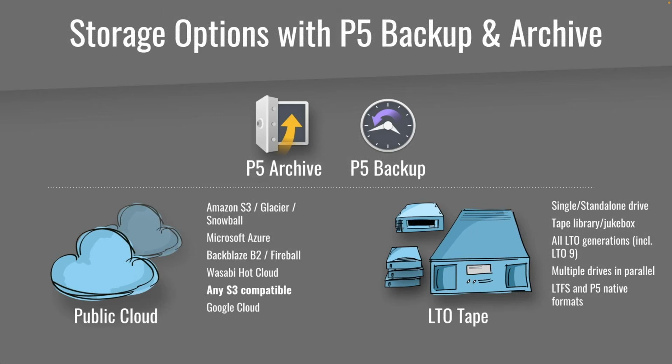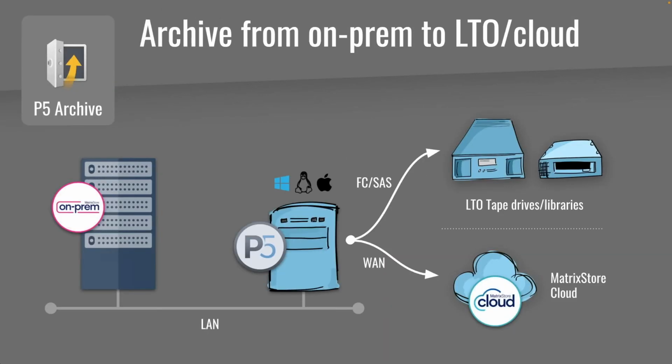So you're getting a lot of capacity. Once you've made the investment in the tape library or drive, then you've got an enormous amount of archive capacity for a relatively low incremental cost as you add stuff. So P5 can drive any kind of LTO hardware, from rack-mounted libraries to single Thunderbolt drives that you can just have sitting on your desk.